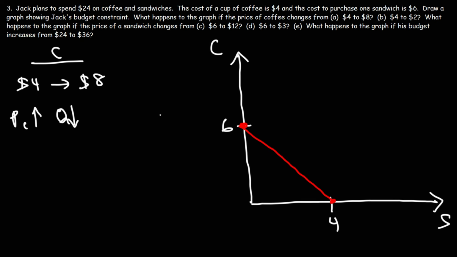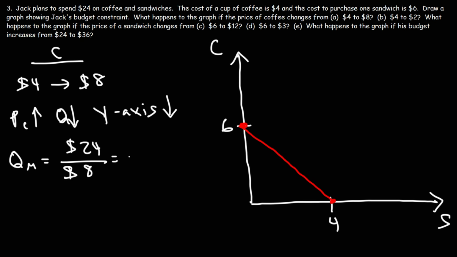So we're going to move down the y-axis. To calculate the maximum number of cups of coffee that he can buy, it's going to be the budget of 24 divided by the new price of $8. So the new y-intercept is 3.